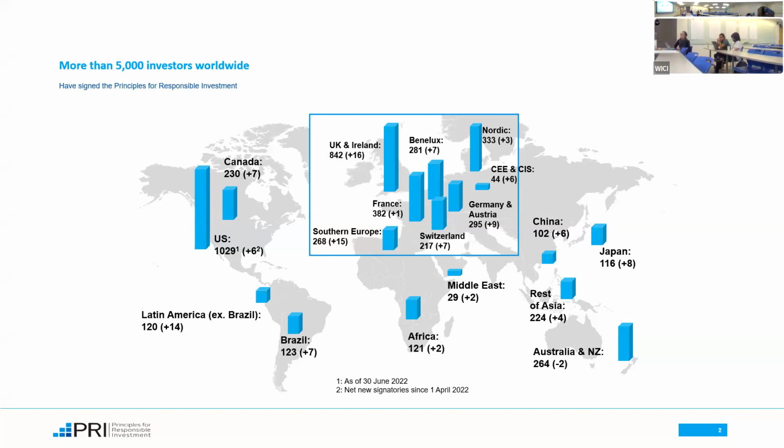And in case others are not aware, PRI, Principles for Responsible Investment, currently has 5,000 investors globally within the membership base. They include investment managers like BlackRock, asset owners like pension funds across the world. And PRI overall, across its operations, is trying to assist and help all of these investors in their sustainability journeys.